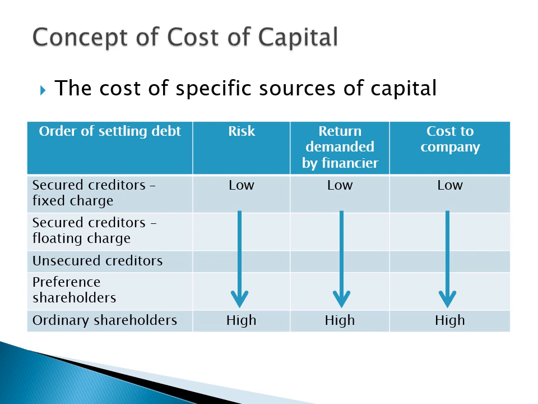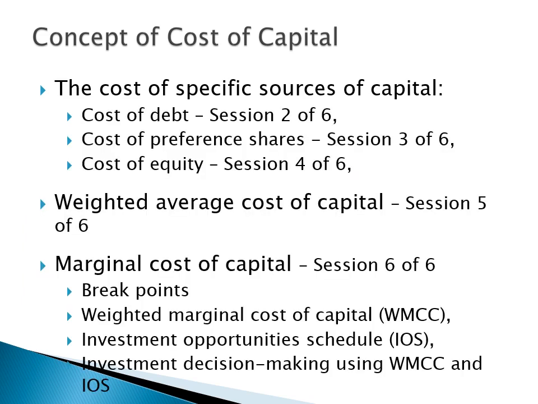The return therefore aligns with that, because if you've got a very secured investment, you might not require to be rewarded for the additional risk, as in the case with shareholders, where they want to be rewarded for the additional risk they're taking. And that also aligns then with the cost to the company.